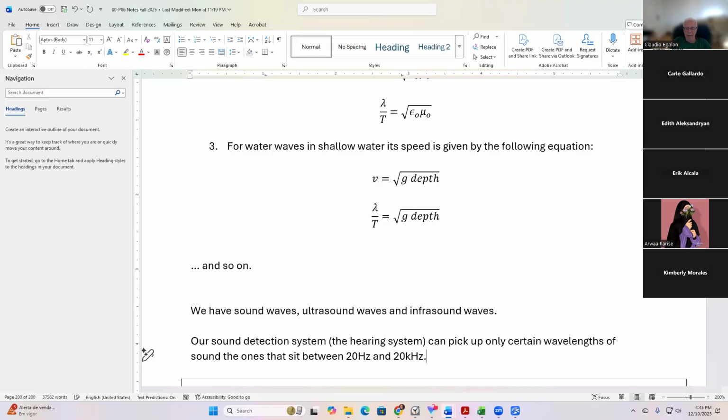Is that difficult to remember? That's easy, right? Between 20 hertz and 20 kilohertz.